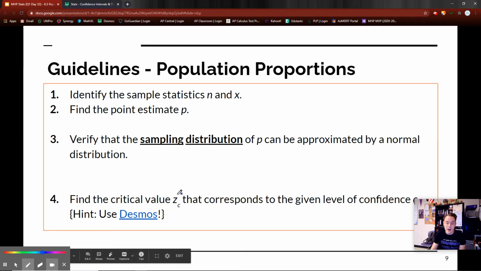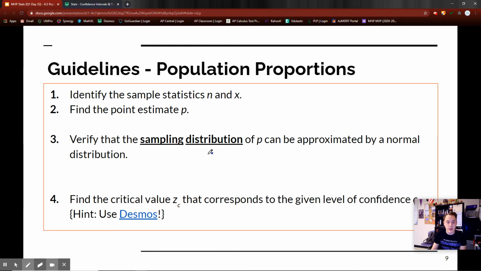Here are the guidelines. How can I create confidence intervals for population proportions? First, identify the sample statistics n and x. What is n and what is x? Then find the point estimate, p hat, which equals x all over n. Next, verify that the sampling distribution of p hat can be approximated by a normal distribution.